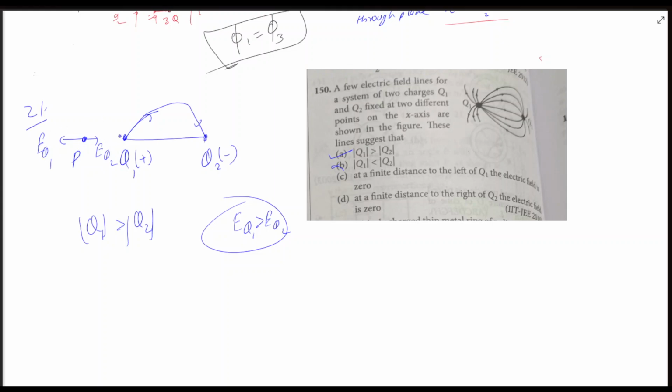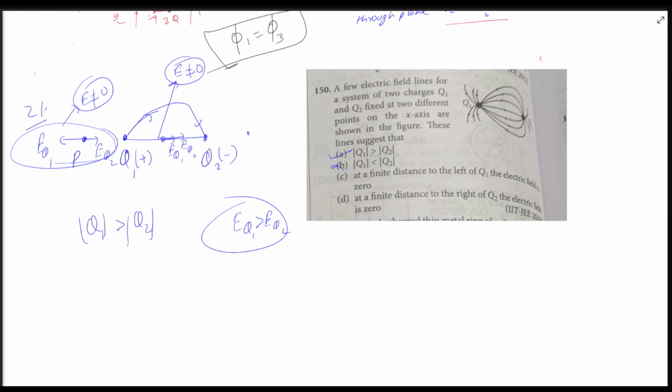So here there cannot be a point where electric field is zero. So electric field can't be zero here. Okay. Now here if I consider, electric field due to Q1 will be here and electric field due to Q2 will also be here. So also there won't be any point where electric field is zero.